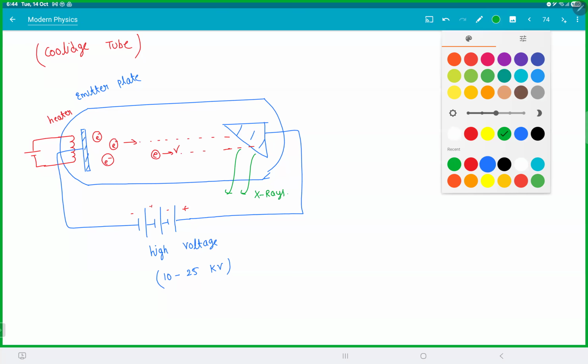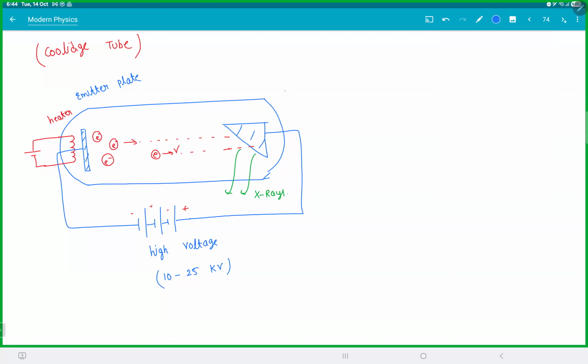So this target material, the triangle shape which I had drawn, is called the target. This is generally made of heavy metals like tungsten, and they can even use copper and all that stuff, but preferably they use tungsten, molybdenum. Something of that sort, the heavy metals.